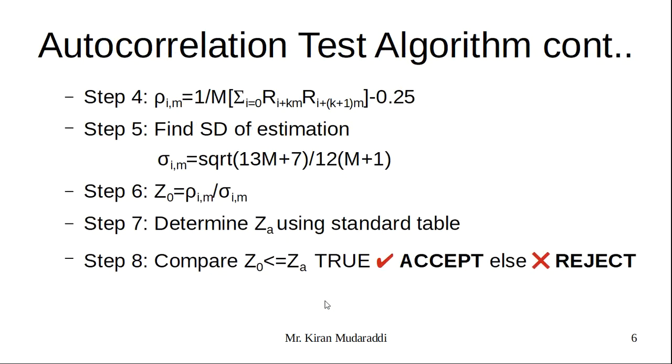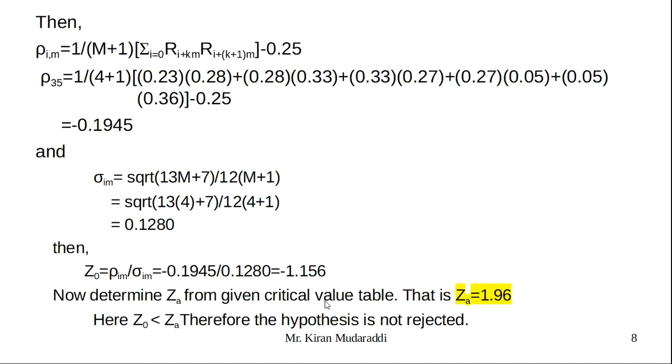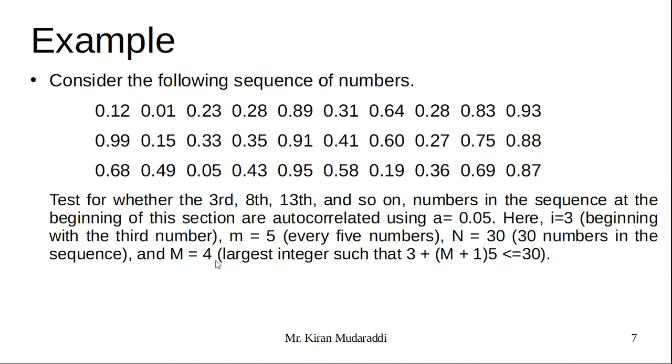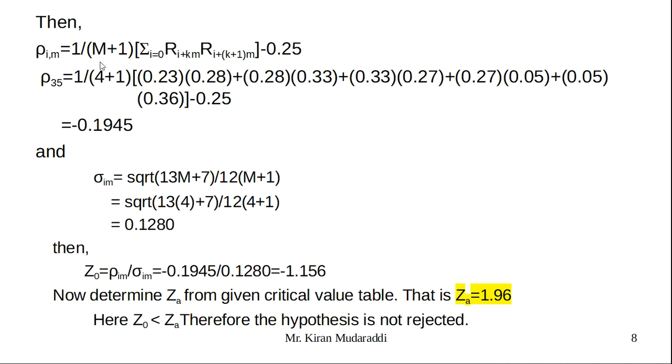Then we need to move ahead with step 4. Step 4 is nothing but calculating using the formula. So 1 divided by m value, that is 4 plus 1, into the summation of the i value.